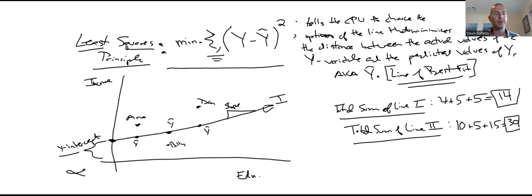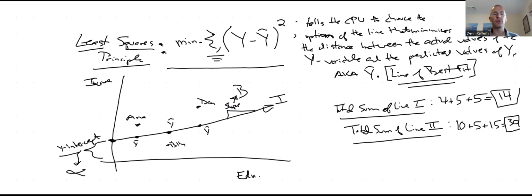I don't like it, but it is what it is. And then the slope is beta. So every line has an alpha and a beta.